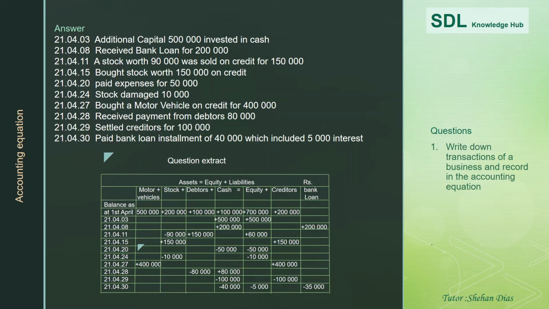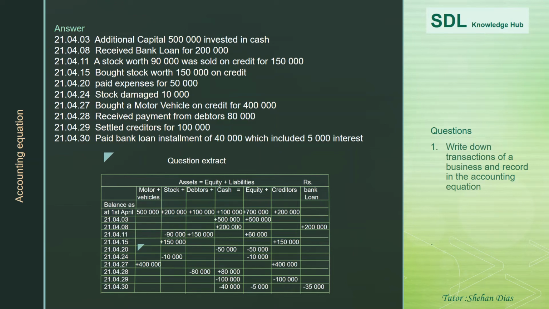A sale has been made on credit for 150,000, which cost 90,000. So we can say the transaction is stock worth 90,000 was sold on credit for 150,000. Therefore, the difference gives equity as 60,000.